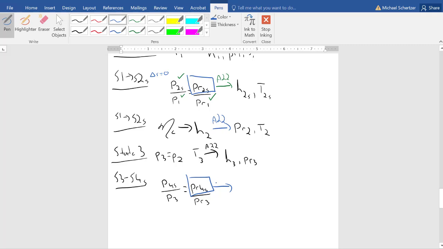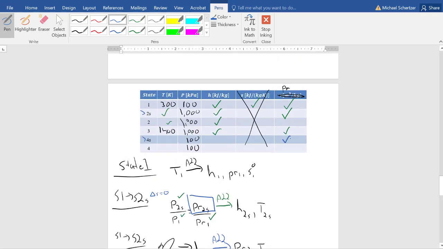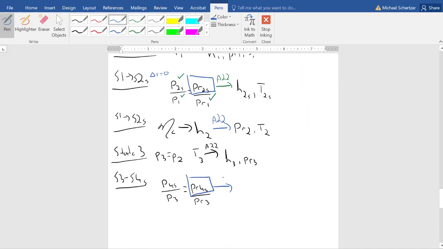Once we have that, we're going to go to table A22. Although we're not getting numerical answers either way, because we have this one piece of data, we can get h4s and we can get T4s.